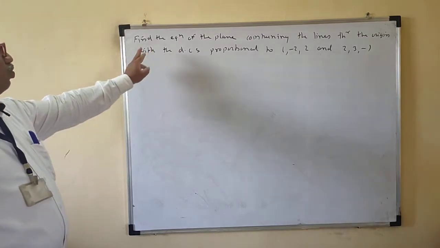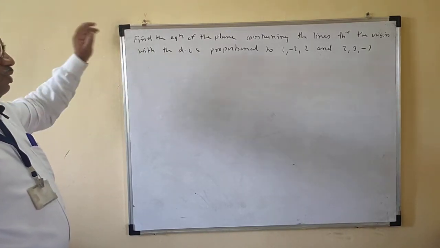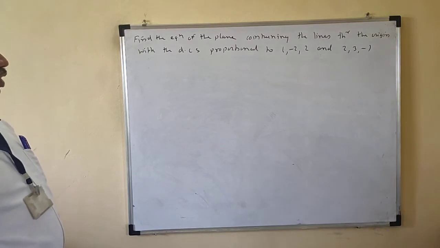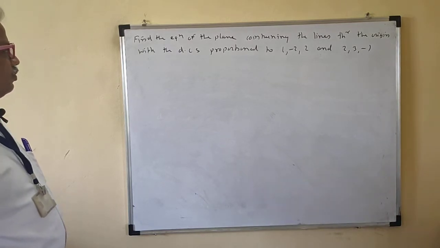Containing the lines through the origin with DCs which are proportional to 1, -2, 2 and this.